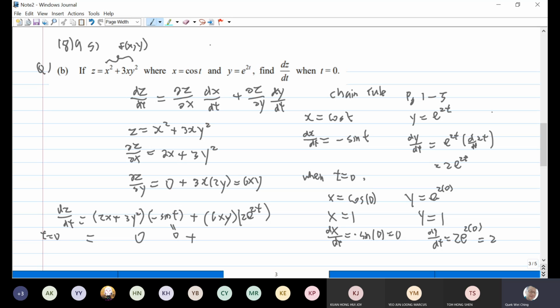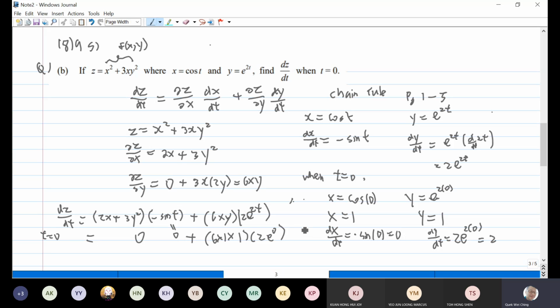Okay, next one is t equal to 0 here. So 6 times 1, because x equal to 1 now. Y also 1. Okay, 6 times x times y times 2 times e power 0, which is 1.